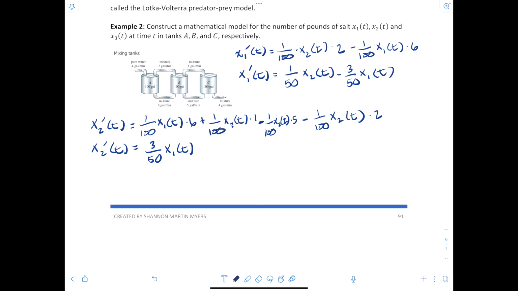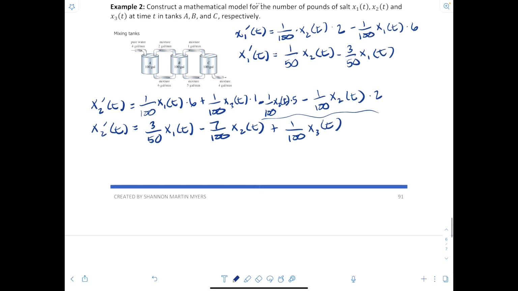I'll go to the x2's. We'll have minus 7/100 times x2 at t, putting these two together. And then we will have plus 1/100 x3 at t.